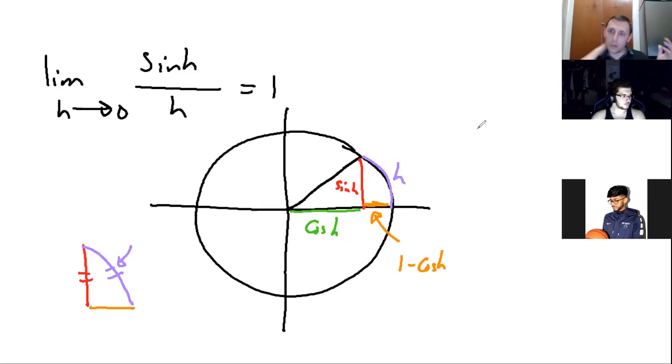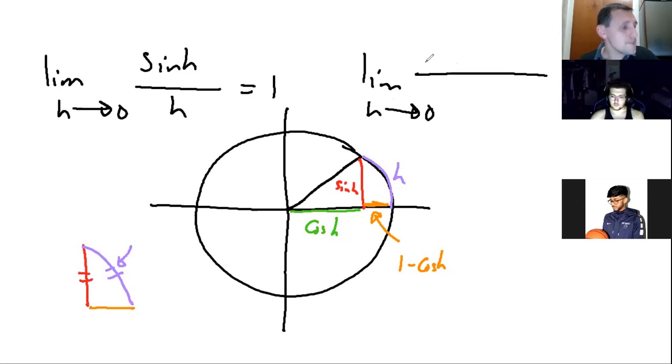I'm giving you not formal arguments, but intuitive arguments, which means the orange compared to blue is almost 0, which you will then expect to be true, guys. You expect that the limit as h goes to 0 of (1 minus cosine h) divided by h equals 0.